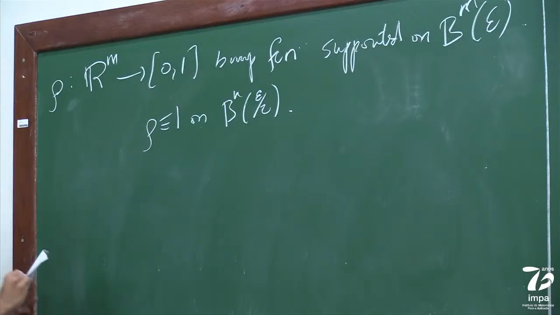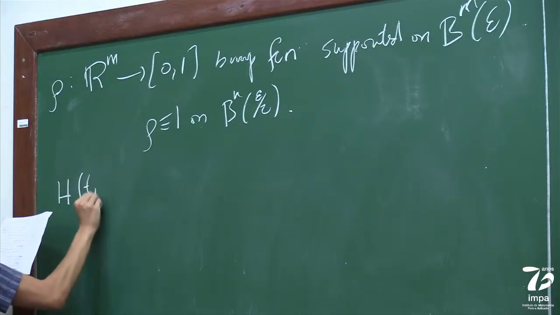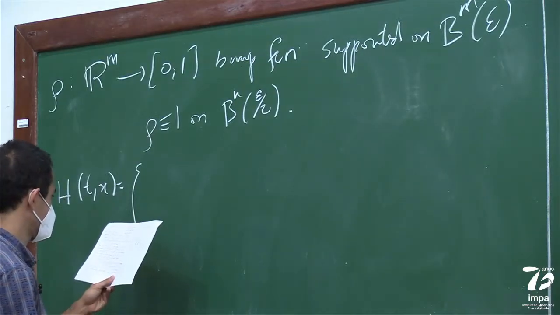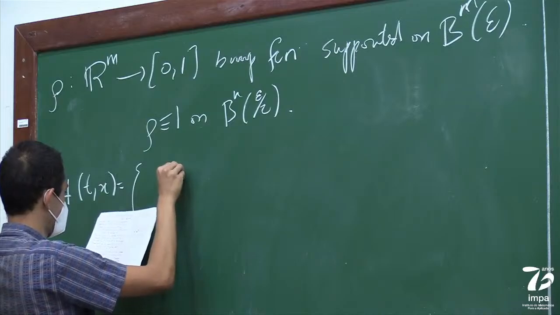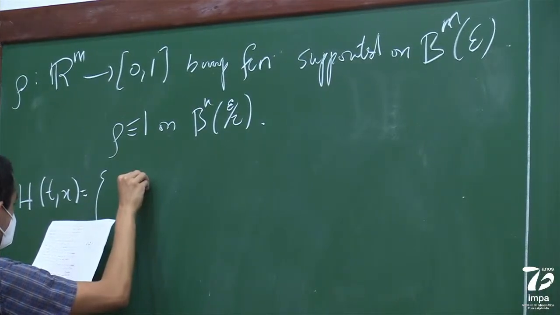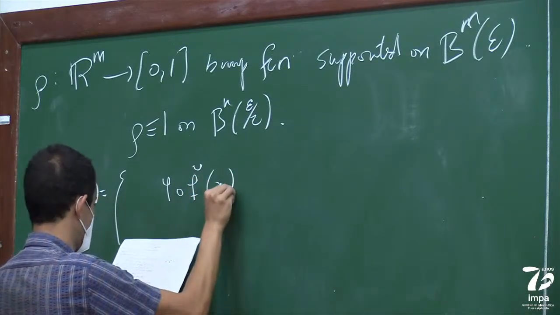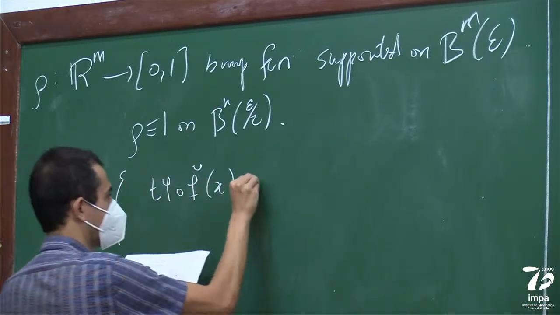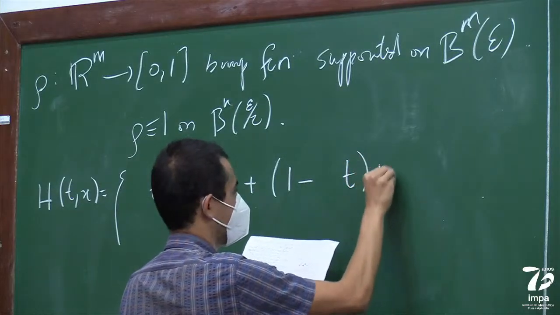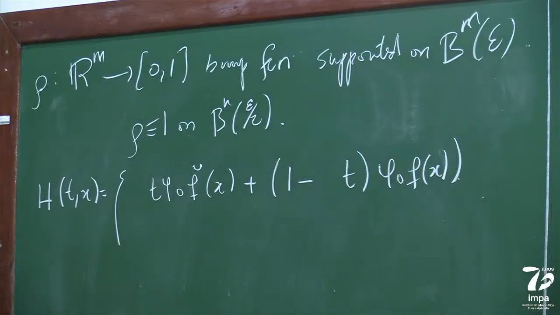And then you define h of t, x to be, basically, phi composed with f tilde of x with a t in front, plus 1 minus t times phi of f. So this would be your linear interpolation.